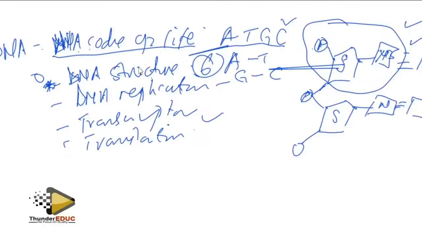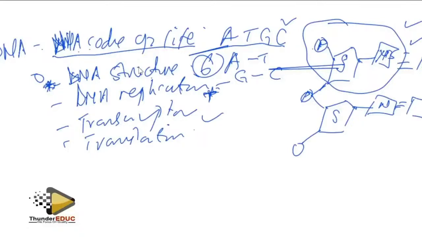One strand acts as a template to form the messenger RNA using free floating messenger RNA nucleotides. In this case, we are using free floating messenger RNA nucleotides, unlike the case of DNA replication. Here we are talking about transcription.